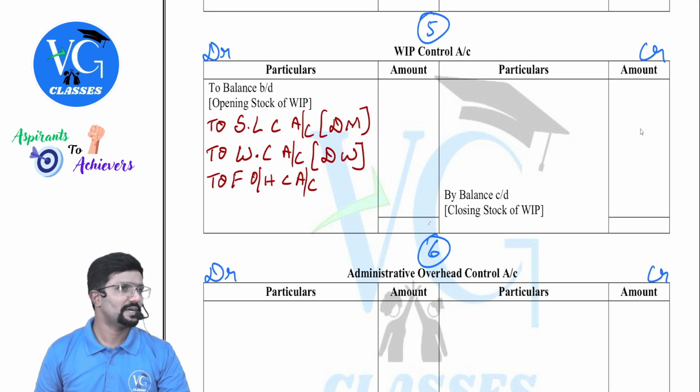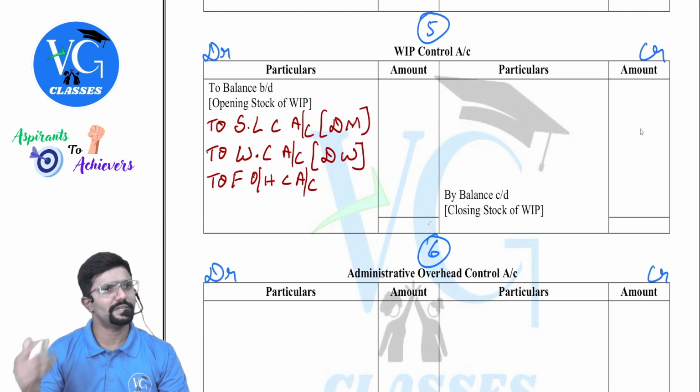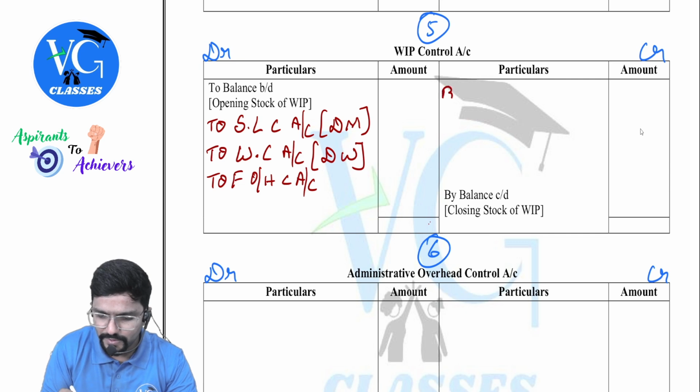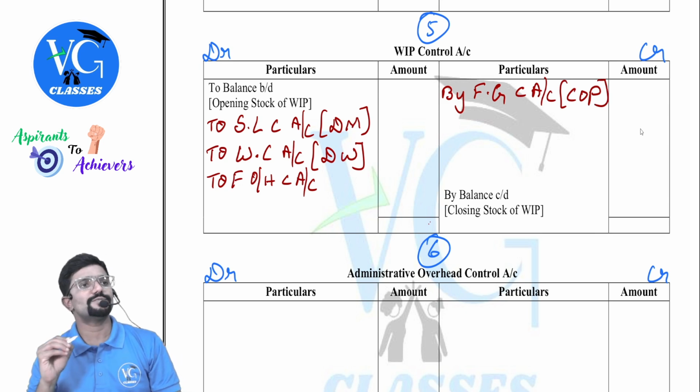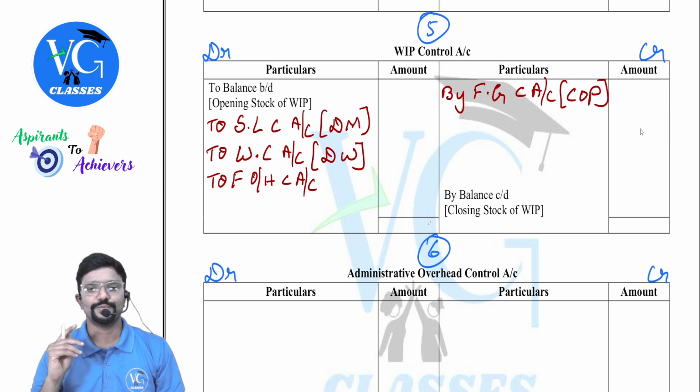Now, WIP control account is transferring it. Credit the giver, debit the receiver. Who is the actual receiver? Finished goods control account. You can write in brackets COP. COP stands for cost of production.